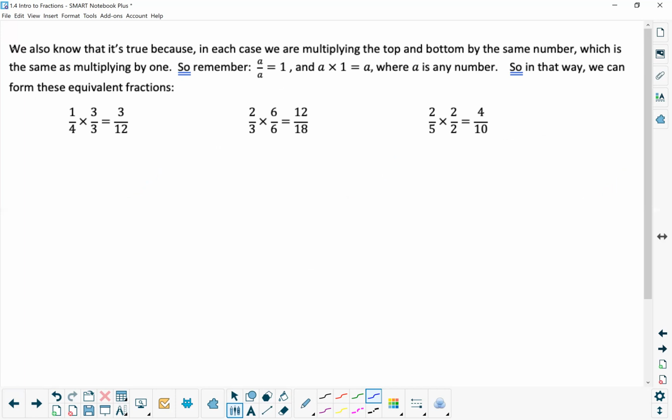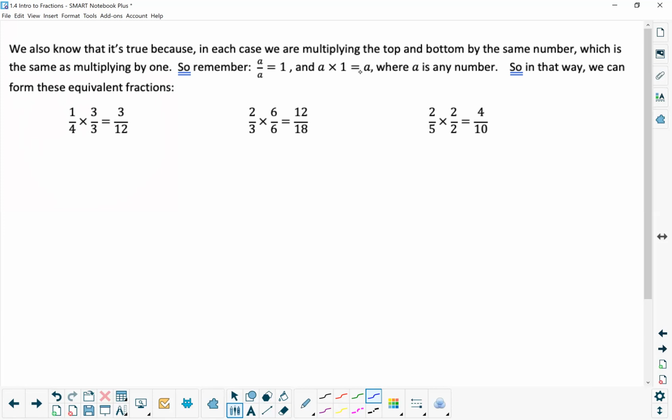Another way to think about it, we know it's true because in each case, you're multiplying the top and the bottom by the same number, which is the same as multiplying by 1. So remember that a number divided by itself is 1, as long as it is not 0. And a times 1 is a.